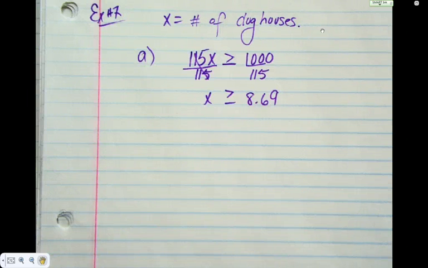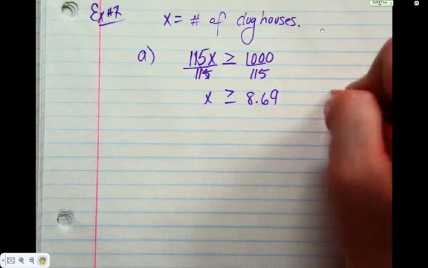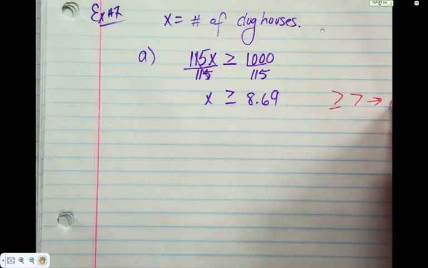Confirm 8.69. Now, can you build 0.69 of a doghouse? No. So are we going to round up or are we going to round down? Why up? So if we round down, is he going to make at least $1,000? No. So with greater than or greater than or equal to, you're going to round up.